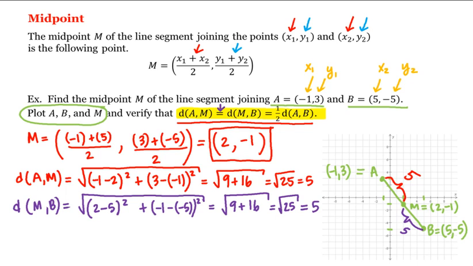Now the distance between A and B should be twice that, or 10, but let's show that that's true.